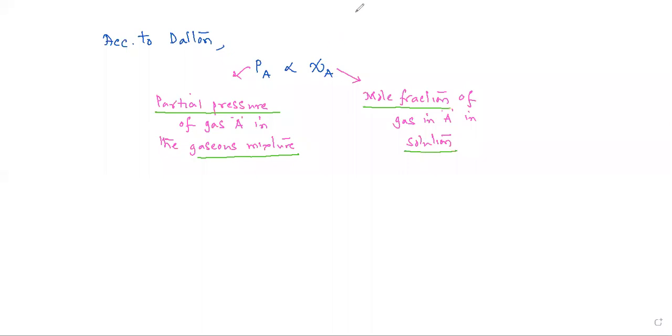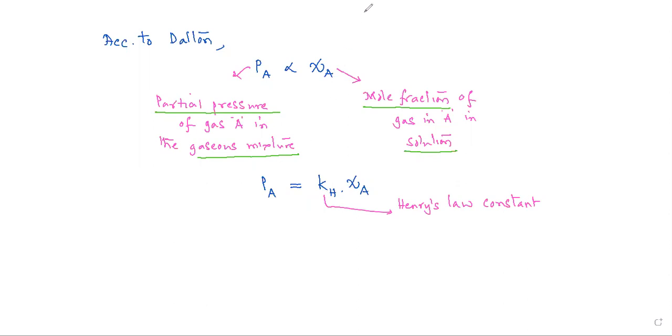Now this can be modified. PA is equal to KH into XA, removing the proportionality and writing the constant. Now this is Henry's law constant, or simply Henry's constant.